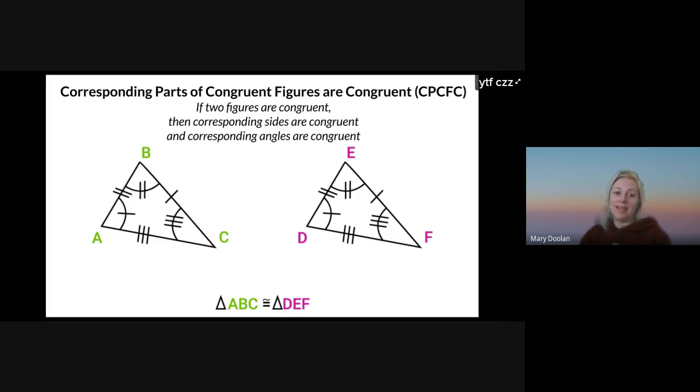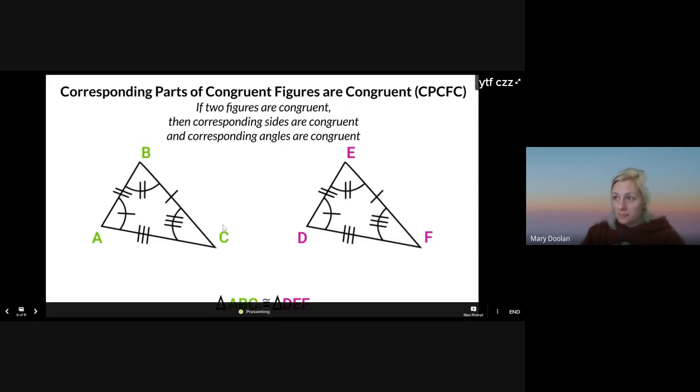Okay, so what that means is if two figures are congruent, then the corresponding sides are congruent. Corresponding means in the same location, but just in a different figure. So you can see there's 1 tick mark on side length BC, and if you look over at side length EF, there's also 1 tick mark.